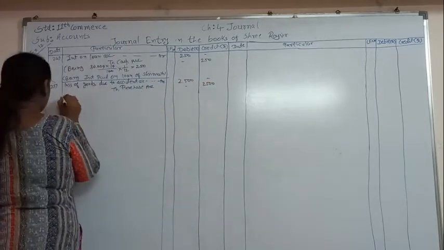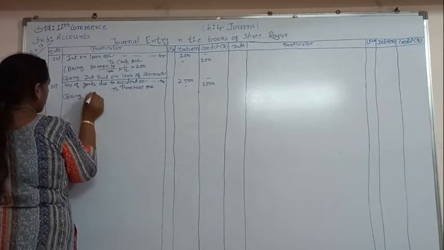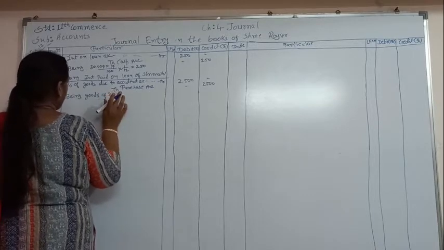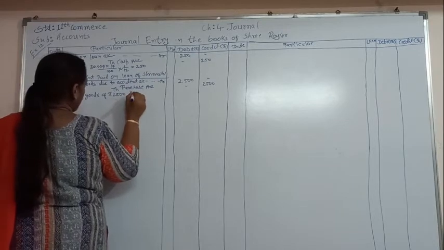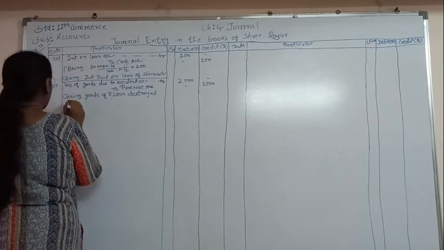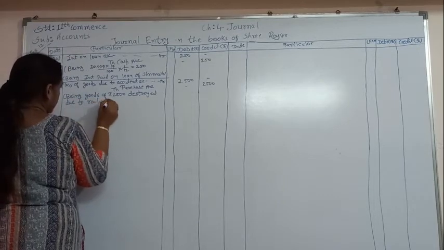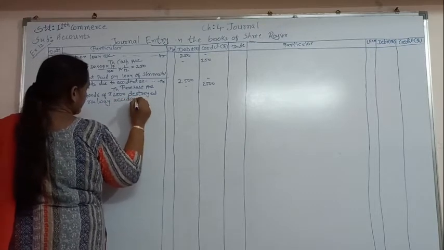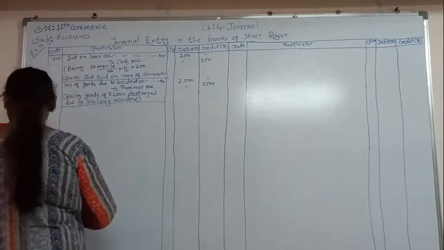Being goods of rupees 2,500 destroyed due to railway accident. Okay, so that will be the transaction.